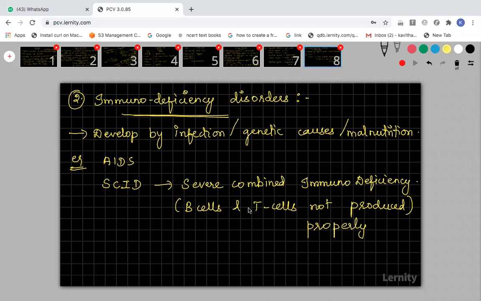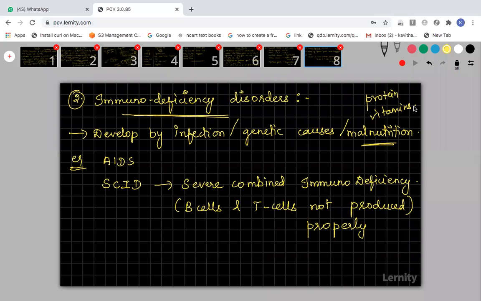No antibody production will occur. And in malnutrition, because of lack of protein or vitamins, there will be some immunodeficiency disorders. Usually, if you are not eating properly, parents will tell you that you will be immunologically weak and not resistant to diseases. In those cases also, immunodeficiency disorders may occur.